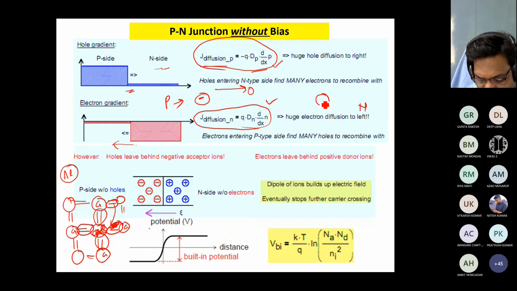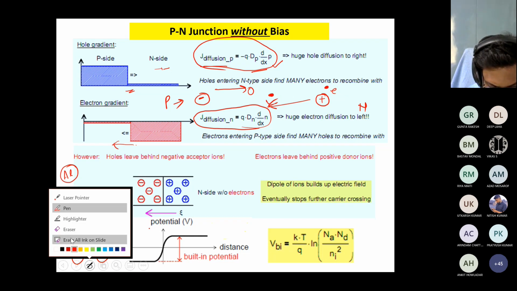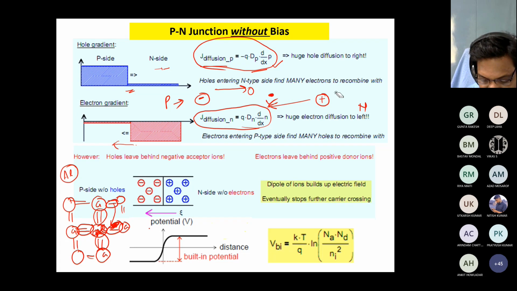Similarly, whenever the donor atoms donate an electron, they become positively ionized. I am using a solid dot to represent the electrons. When this electron comes towards the p side, it leaves behind one positively ionized donor atom. Are you getting it?